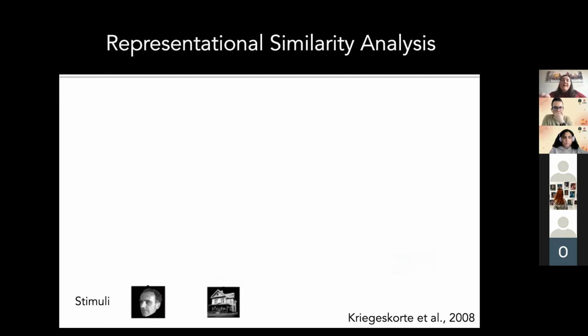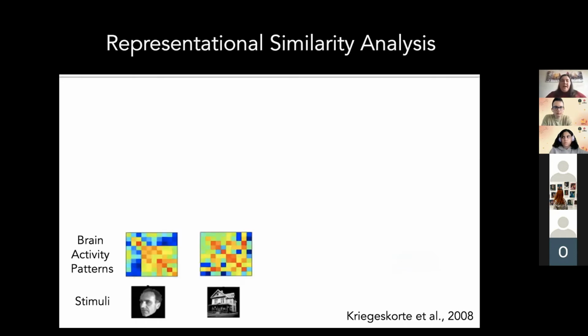And then they applied this method called representational similarity analysis. Let me try to demonstrate how the method works. Let's say that you are shown a face or, say, a house image, and then you record brain activity patterns. Here, all of these show your, let's say, voxel patterns.